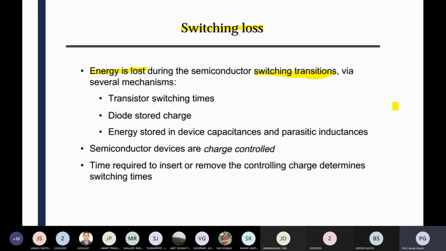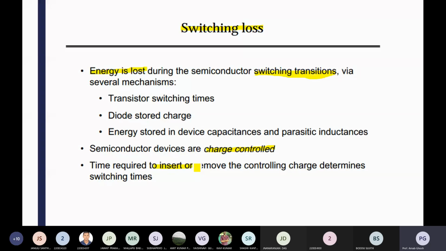Semiconductor devices are charge controlled. Meaning semiconductor devices work based on the charge, how much charge is controlled and dissipated over there. So the time required to insert or remove the controlling charge determines the switching time.